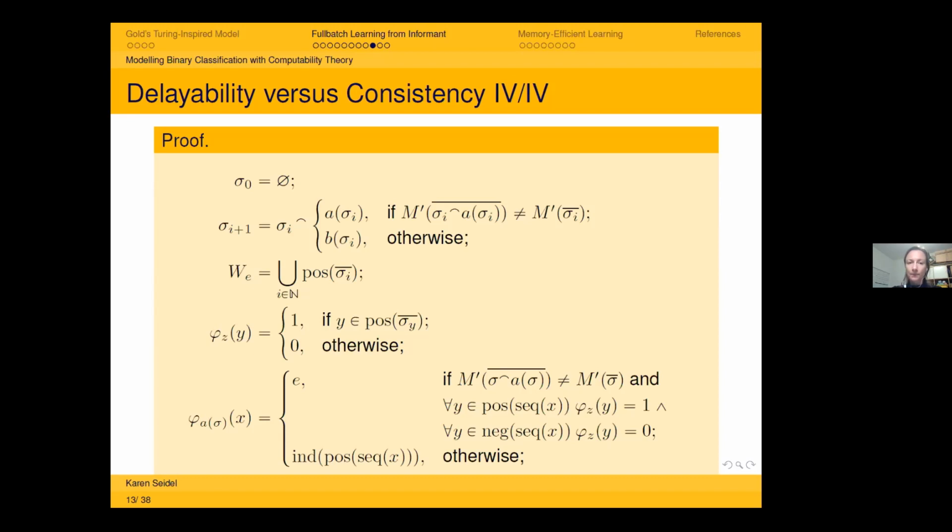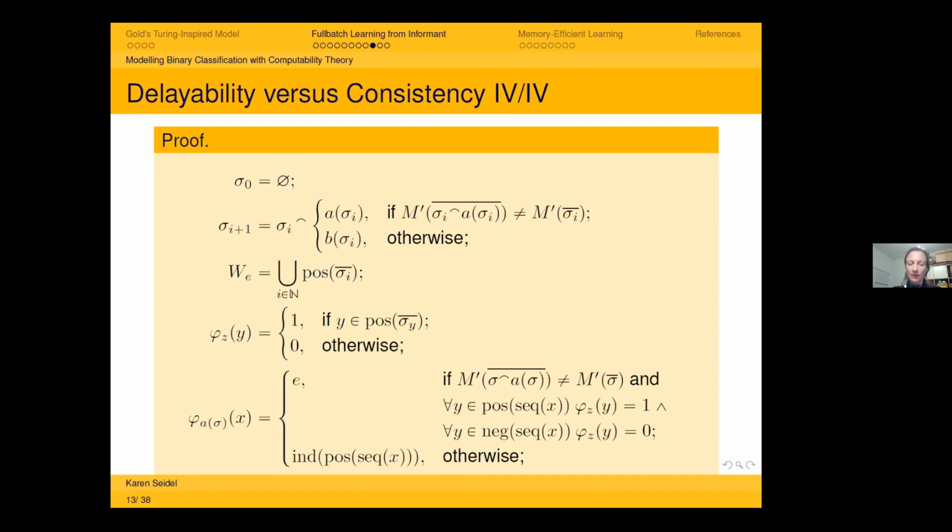And the magic behind this recursion theorem is that it makes it possible to define at the same time these A and B data streams, which in the form of these sigma i's define a representation or an information stream that has this W_e, this recursively enumerable set, as its content or information.